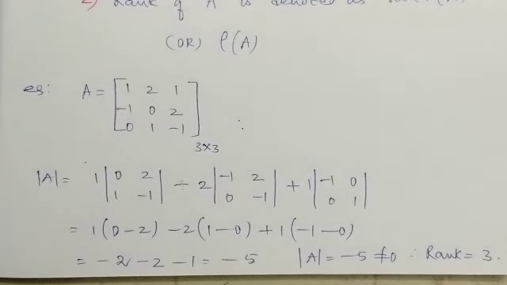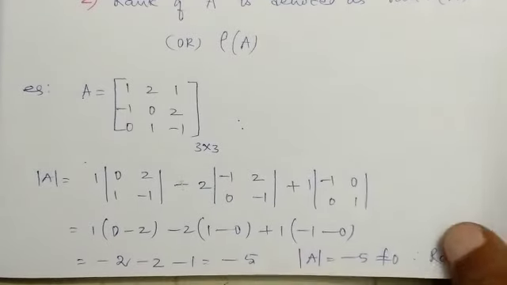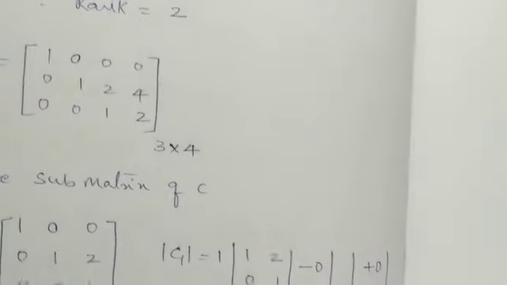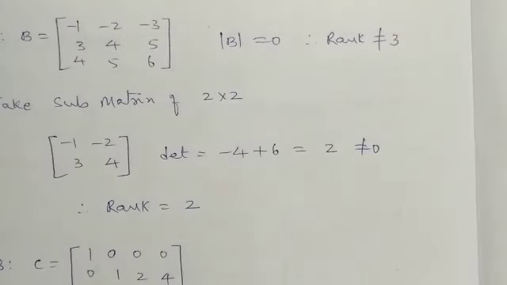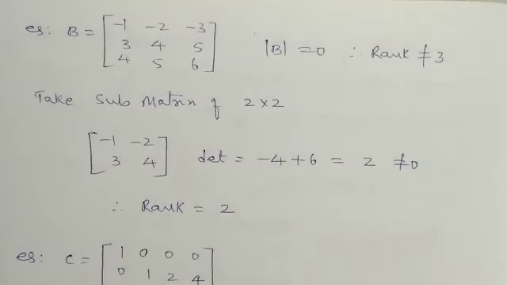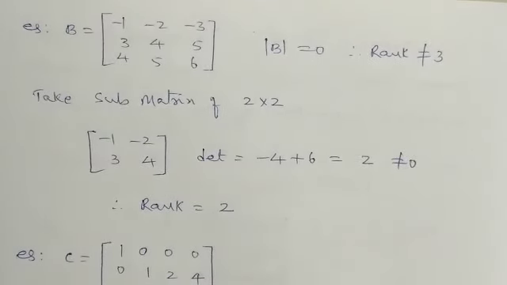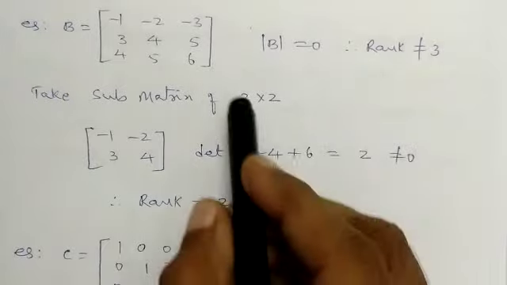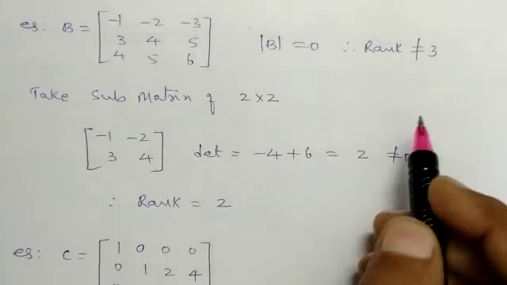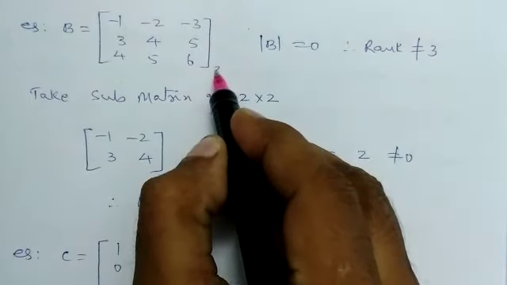Now we shall move to one more example, by taking matrix B. What is the order of the matrix B? 3 by 3.